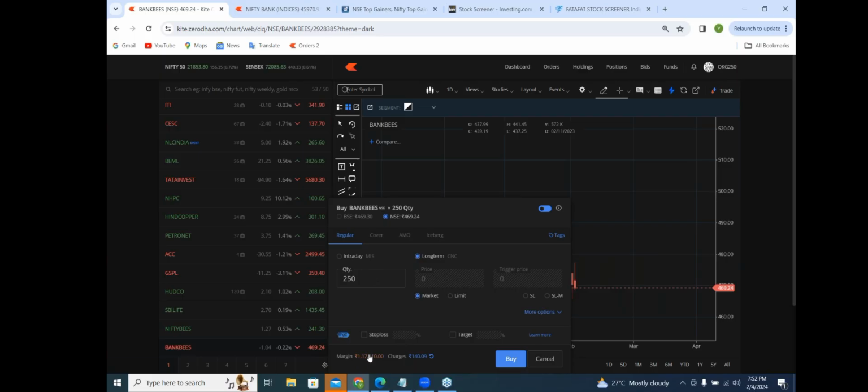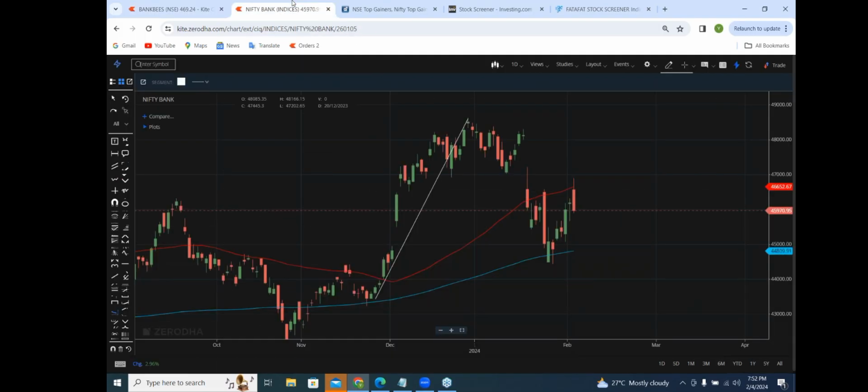If you had invested 1,17,000 in terms of 250 shares, what is 250 into 52? 13,000. So don't you think 13,000 is approximately 10% of 1.17 lakh?